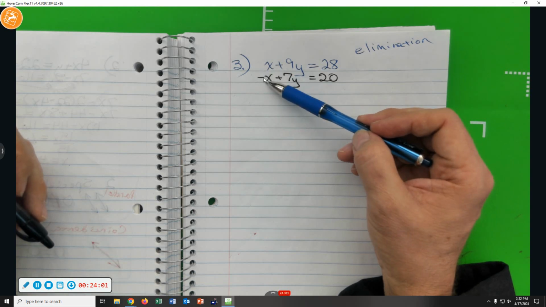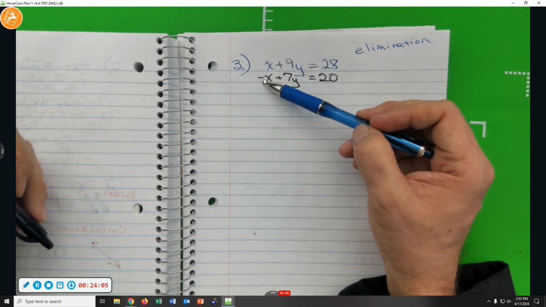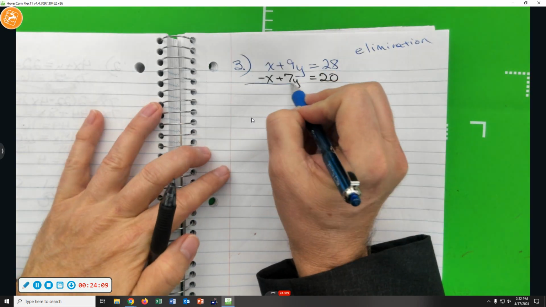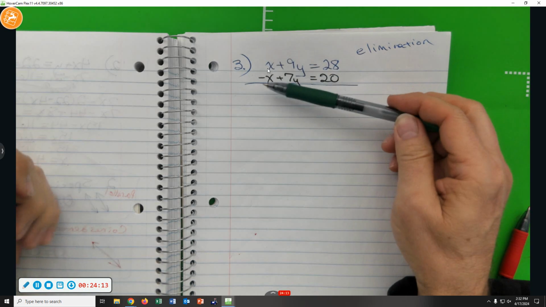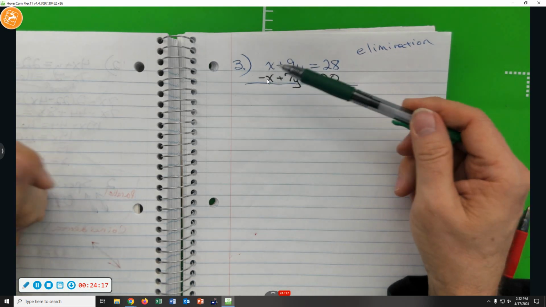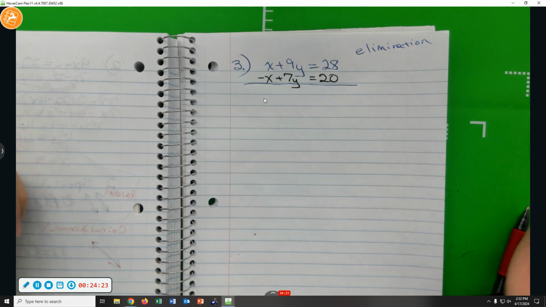And down here, -1. So you need the same coefficient but with opposite signs. In that event, you add the two equations together. 1x plus a -1x, what's just happened to the x terms when you added them together? They're eliminated. That's the reason for the name.